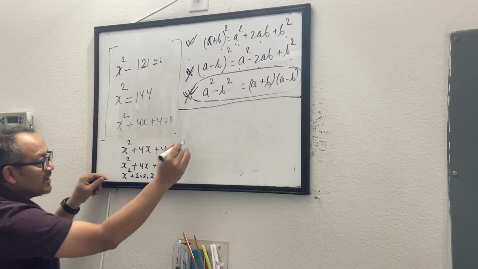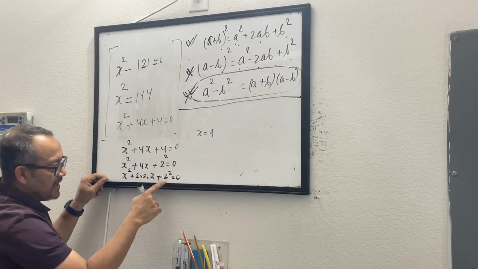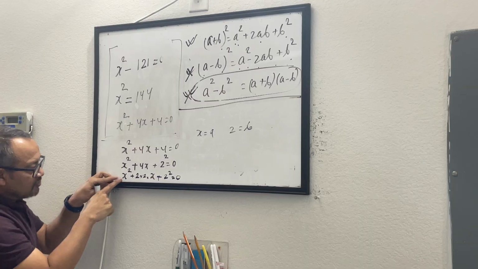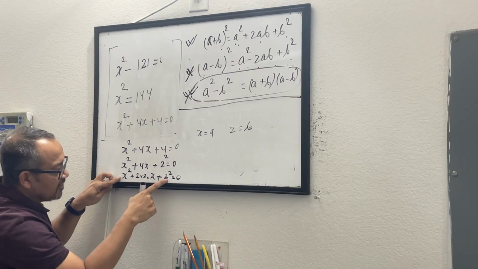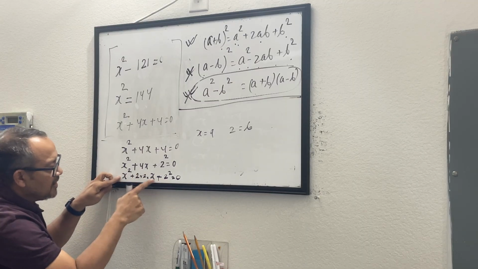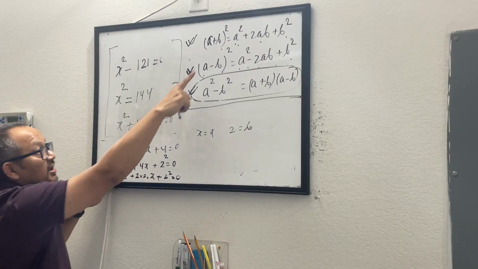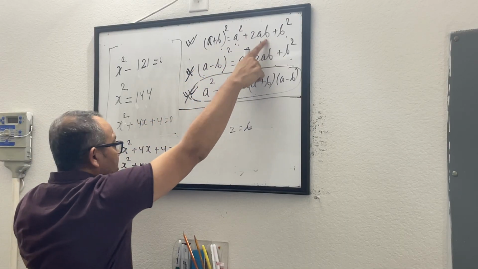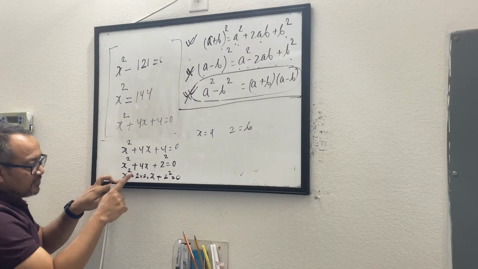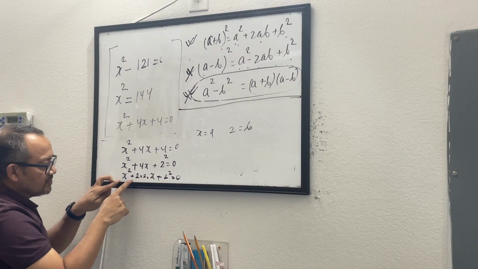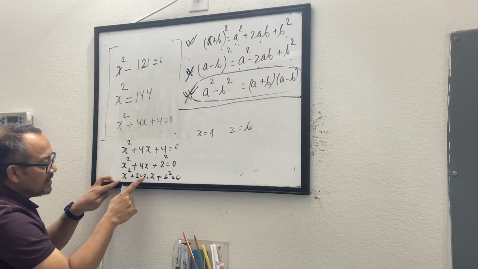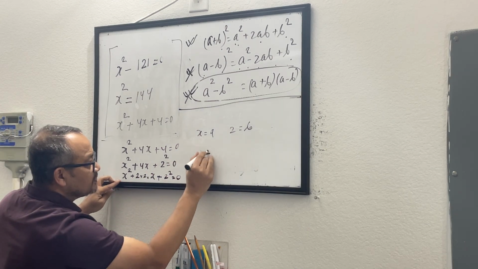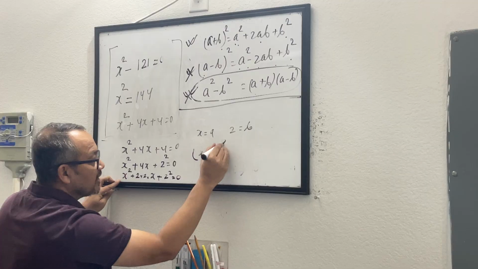Now if x is my a and this 2 is my b, I have a square plus b square plus 2ab. A square plus b square plus 2 times a times b. Wonderful. This is (x plus 2) whole square.